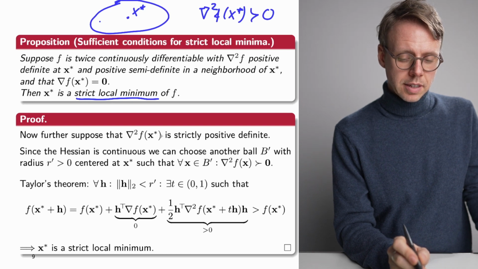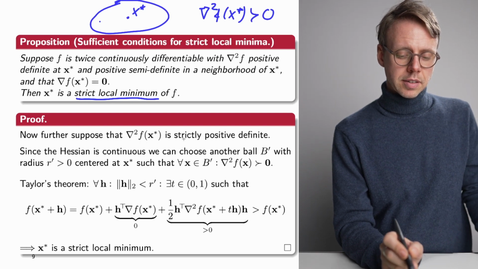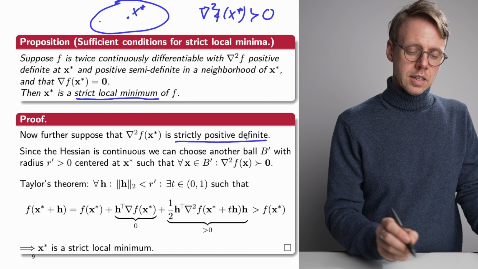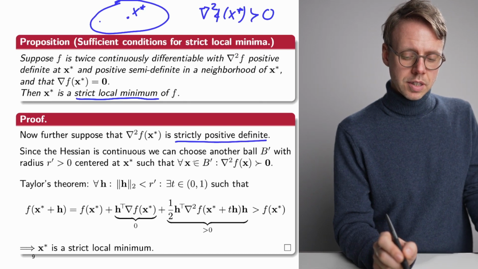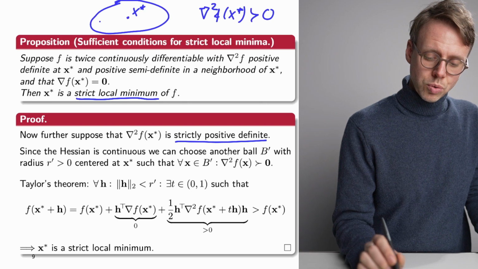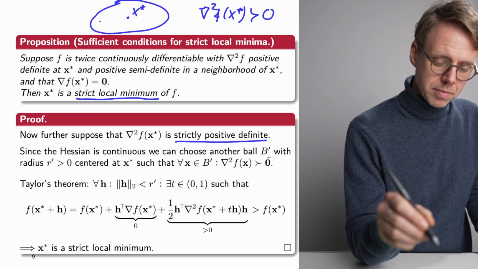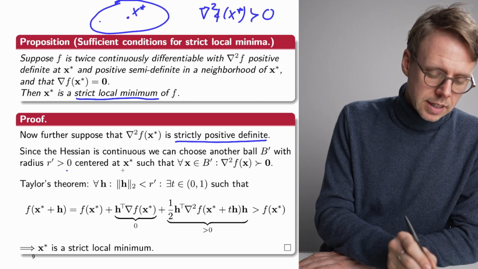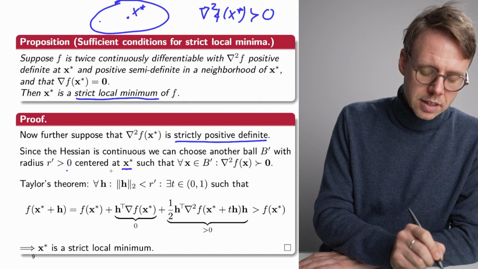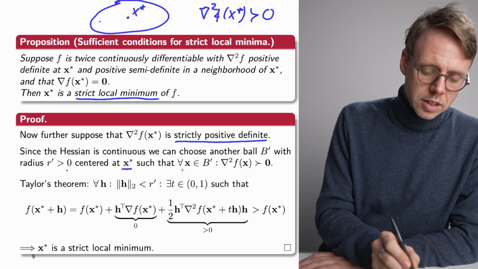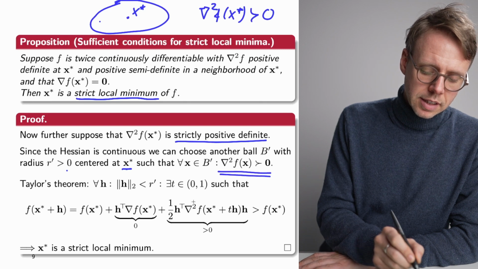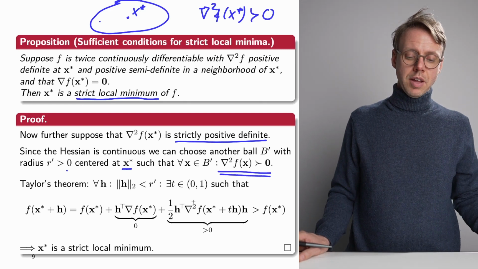Assume that the Hessian of f at x star is strictly positive definite. Since the Hessian is continuous, we can choose a ball B prime with a radius r prime larger than 0 that is centered around x star, such that for all of the points in the ball, the Hessian is positive definite.